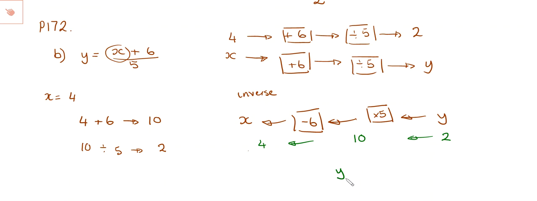So we do y times 5. How do I write that, by the way? Just put 5 next to it, like after it. You'll remember that, yeah?